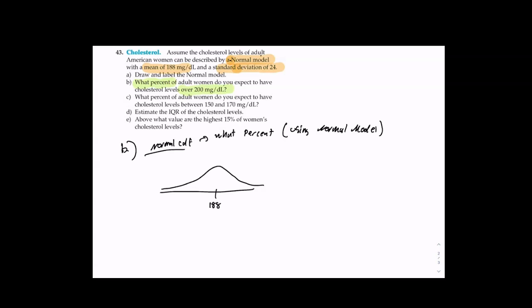What percent of adult women do you expect to have a cholesterol levels over 200? We're not given an answer. That's a bald answer. That would give you 0 credit on the AP exam all the time. What are we going to do to find the answer?